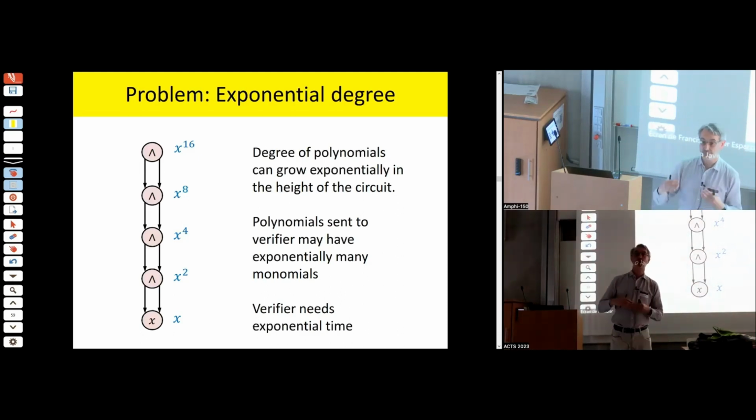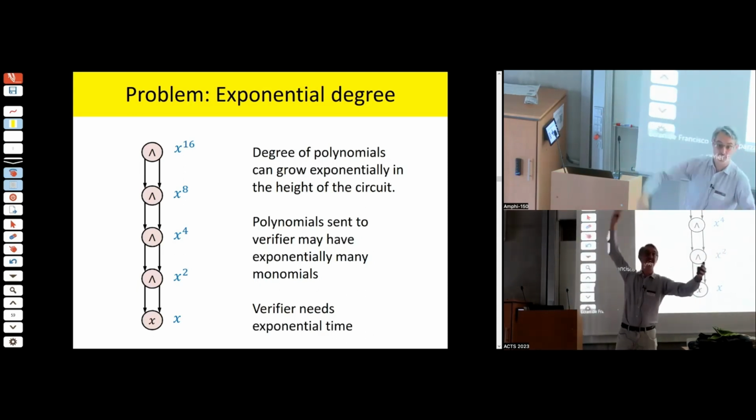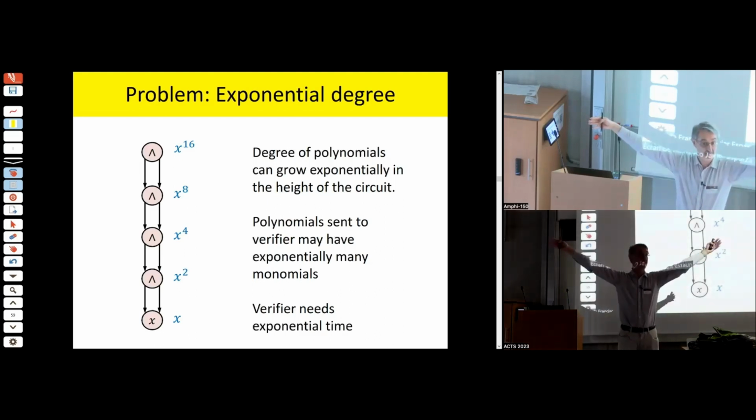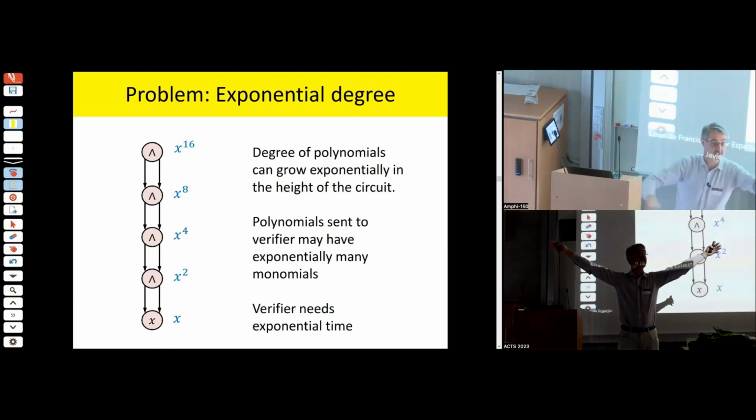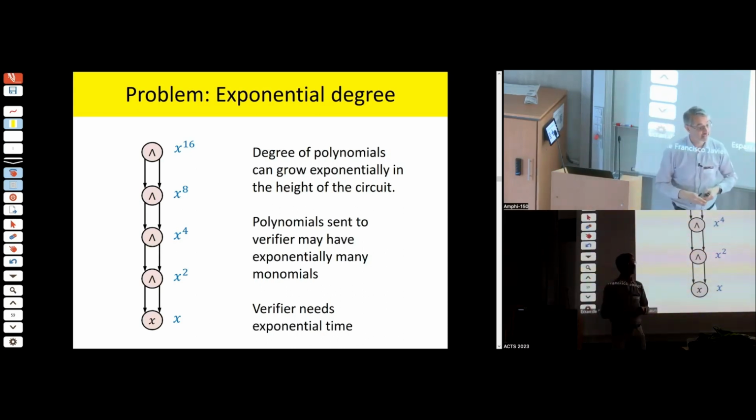And therefore, for example, when the verifier asks, please give me this polynomial on X, it may get as answer a polynomial with an exponential exponent, right? And then the polynomial may be exponential itself, because you may have all the other exponents going back to 1, right? So this doesn't work really.